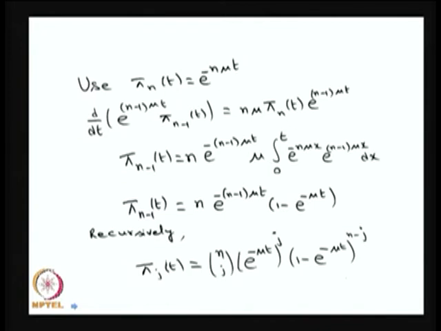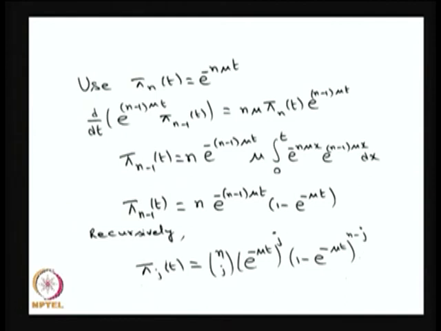So, using the recursive way, you will get pi j of t is equal to n c j combination, n c j, and e power minus mu t, the whole power j. This is the survival probability of the system being in the state, and 1 minus e power minus mu t, power n minus j.